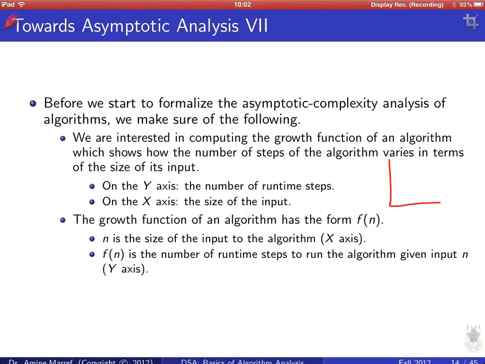This is a common mistake students usually confuse. I ask a question about what is the number of steps of this algorithm when n has some value, and the student just counts these steps here and says 3. No, that's wrong. This is just a description of the algorithm. But in terms of complexity, this is what matters. How many steps happen at runtime? Okay? So that's the difference between what is a step as a description and what is a step as an execution unit.